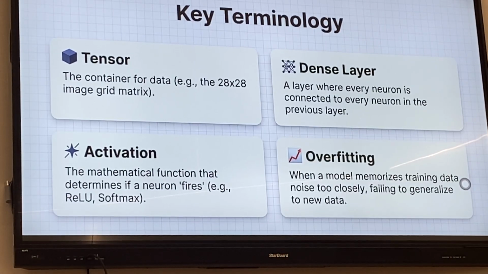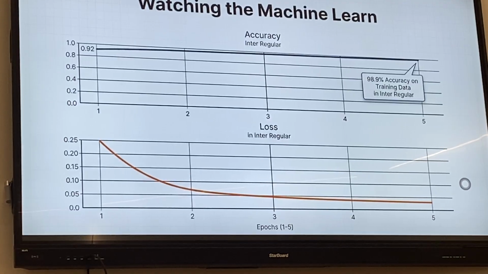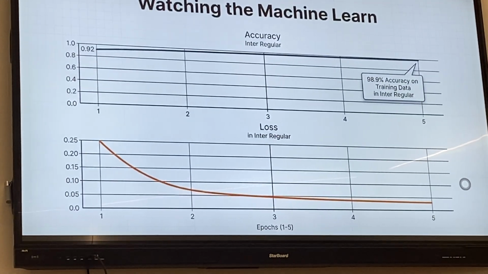Remember that I had those curves here? Overfitting, we can actually see if we plot one more curve. Let's pick accuracy. This is the training curve, just using the training accuracy. But when we are working with deep learning models, besides your training data, you are also using a small portion called the validation data. You use the validation data within training to see the performance.